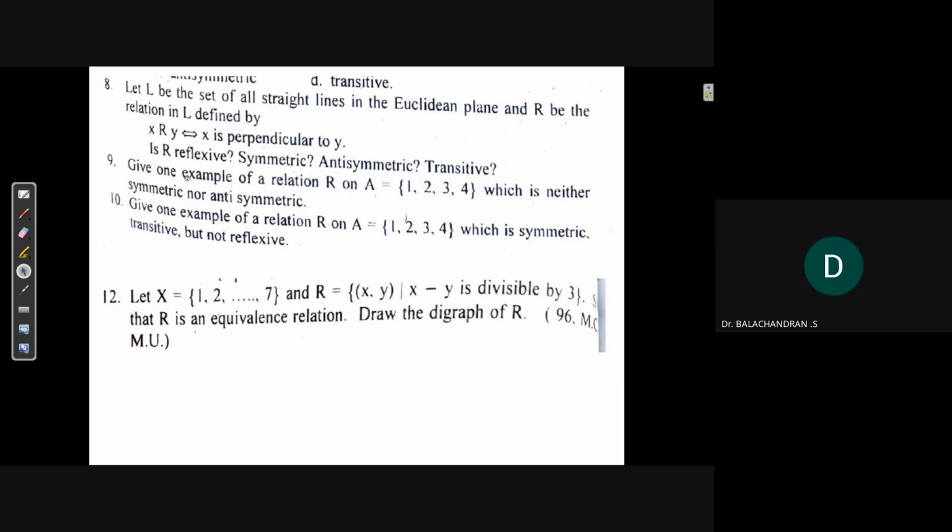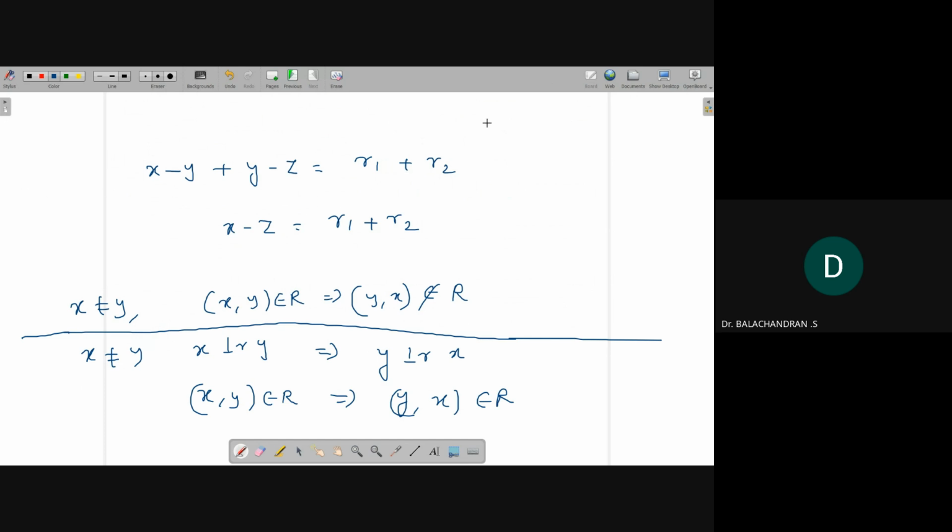Next, give one example of a relation R on A equal to the set {1, 2, 3, 4}. Sir, can we use the second definition and prove that it is not antisymmetric? Actually, the second definition is a little bit difficult.